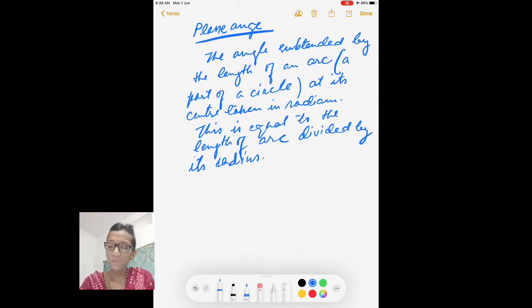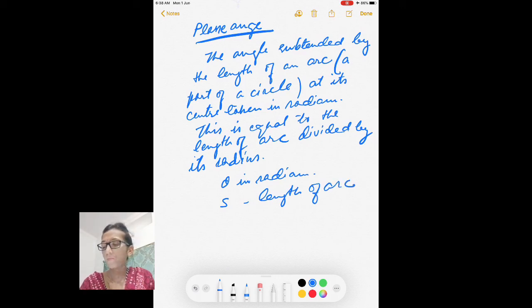So suppose you have a theta angle in radian, the length of the arc is equal to S, and R is equal to the radius.